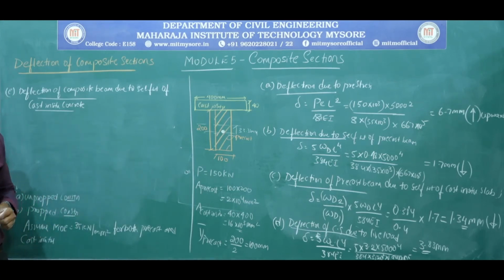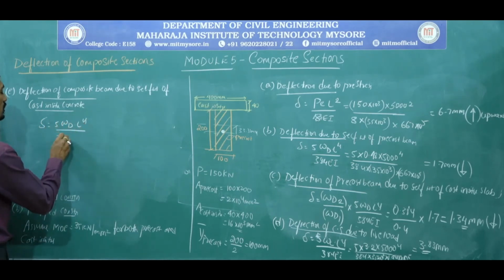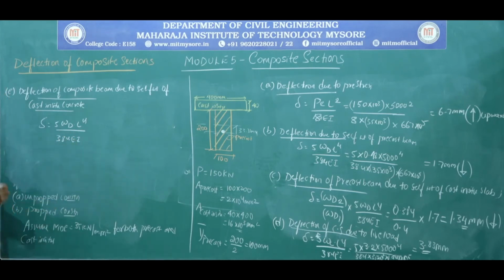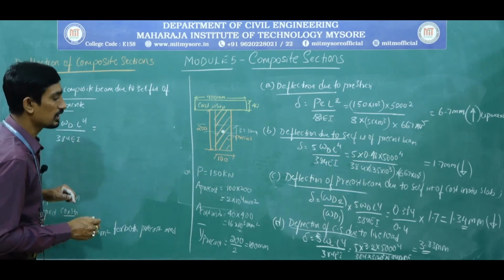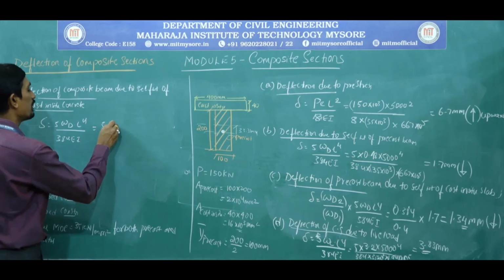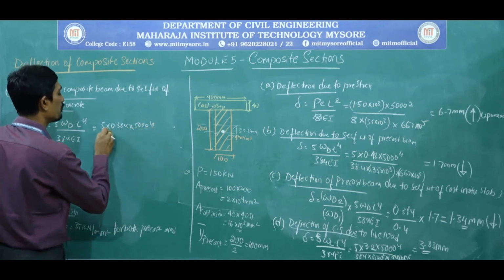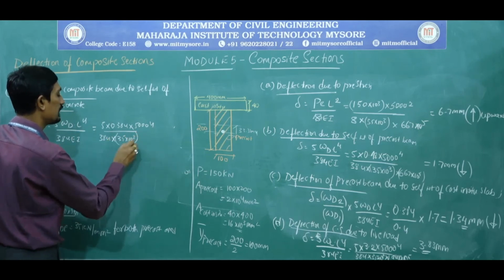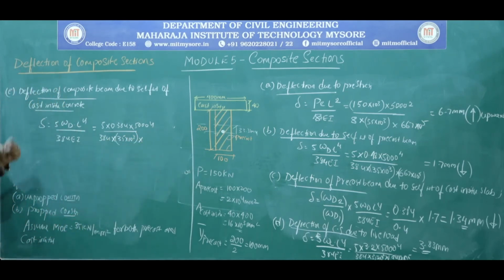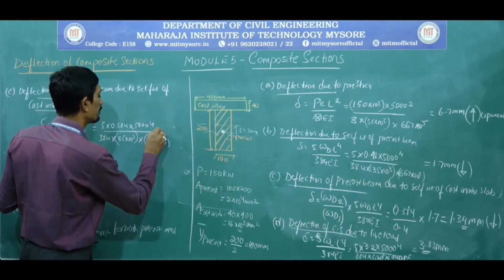Fine. So for this, let me substitute. Delta is equal to 5 W D into L to the power of 4 divided by 384 EI. You need to be very careful, since you are calculating for the self weight of the cast in situ concrete slab: 5 into 0.384 Newton per millimeter into 5000 to the power of 4 divided by 384 into 35 into 10 to the power of 3 into, once again, the I of the composite section, 1948 into 10 to the power of 5.